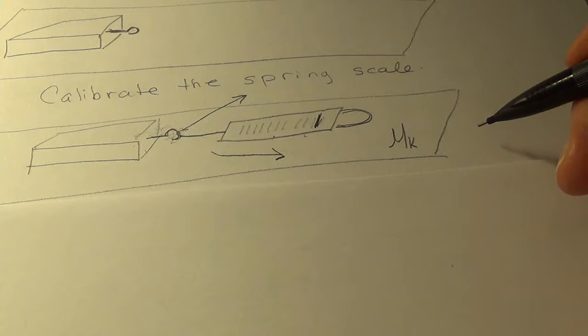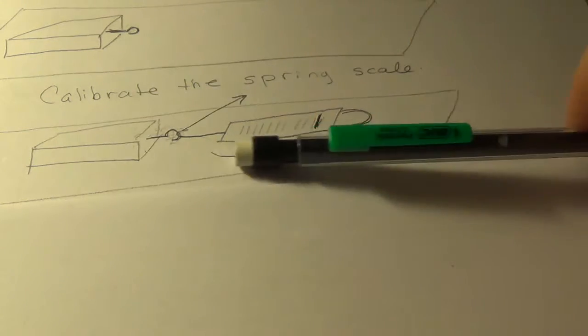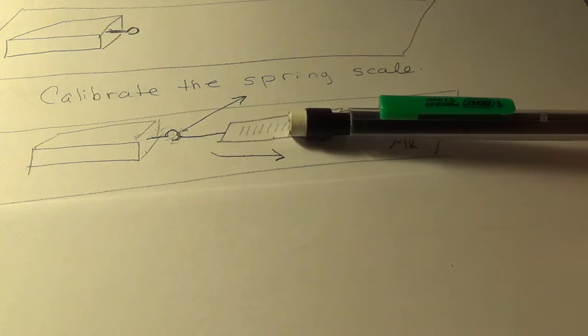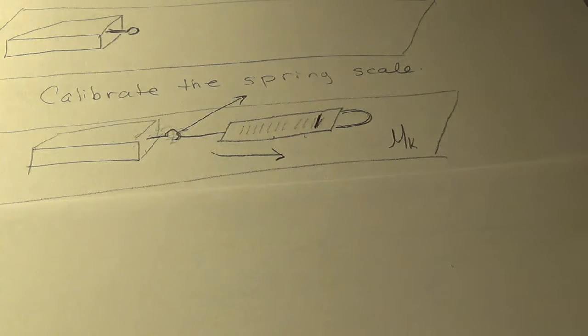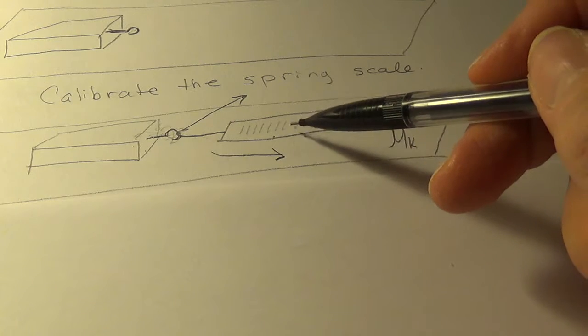So attach the force scale to the friction block and pull it horizontally at a steady rate. We don't want you to be jerking or anything. Get it started and pull it at a steady rate. Once you get it moving at a constant rate, read the Newton scales.